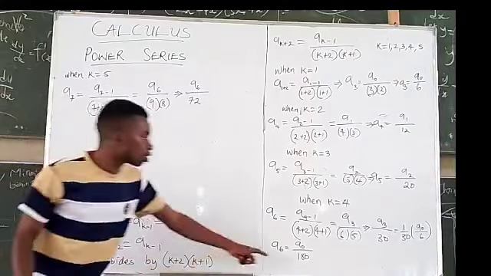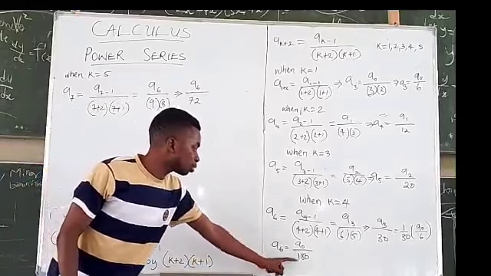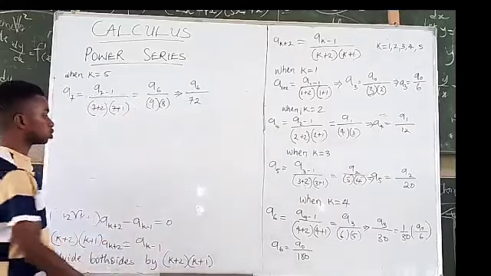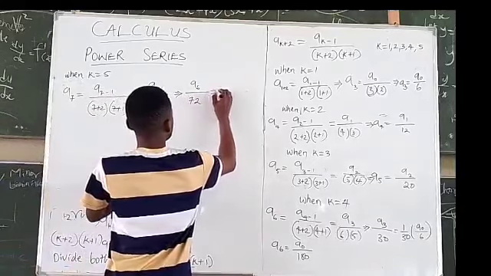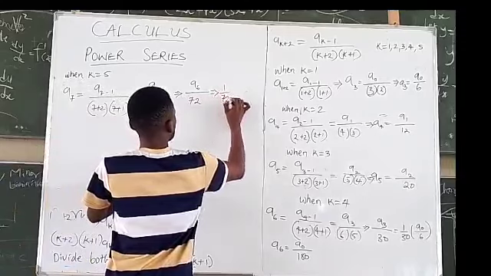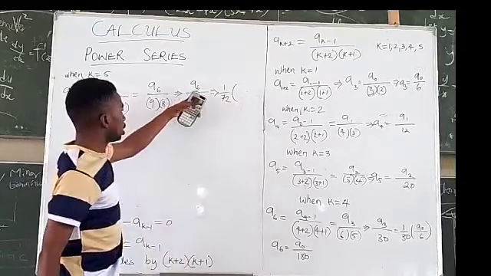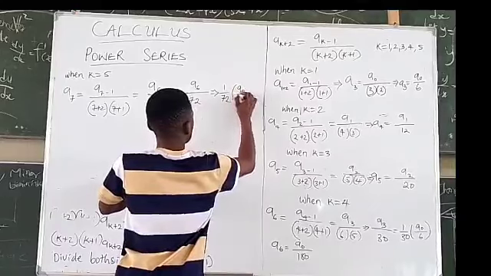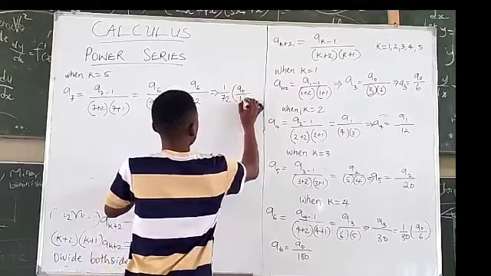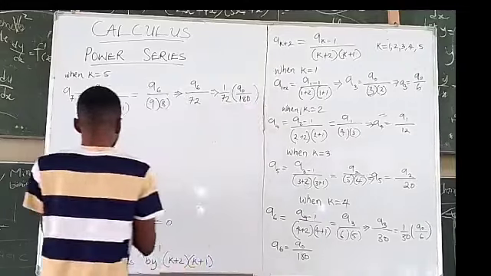But you can see that our A6 from here is A naught all over 180. So we're going to substitute the value of A6 into this. So it will become 1 over 72, brackets, our A6 now is A naught all over 180.